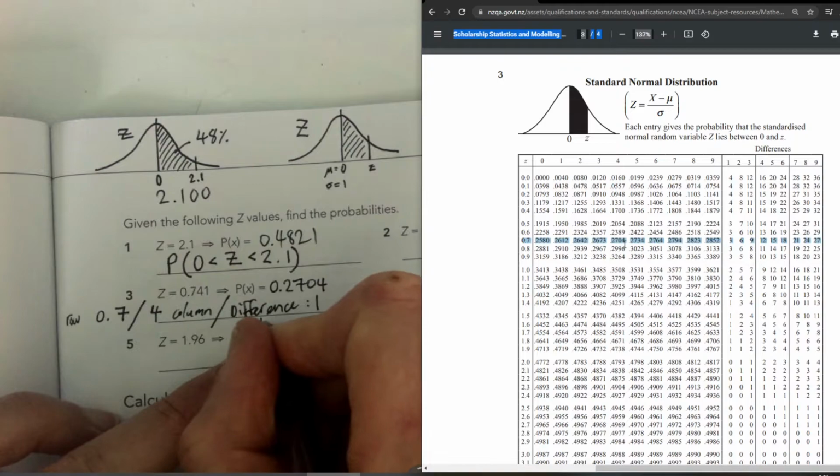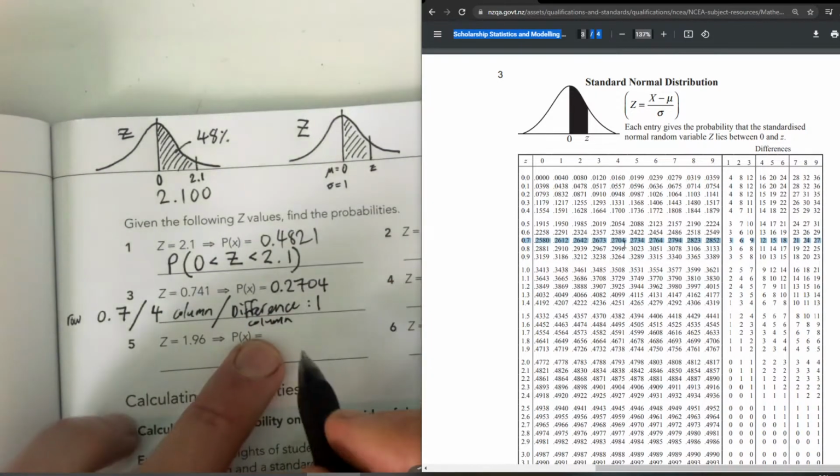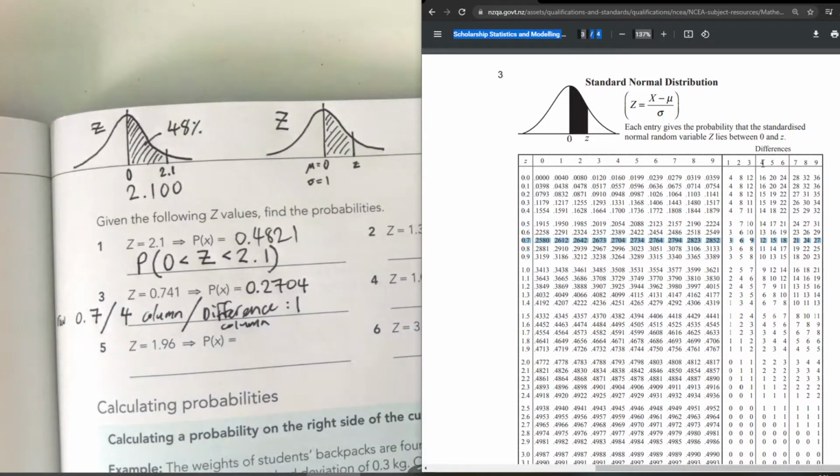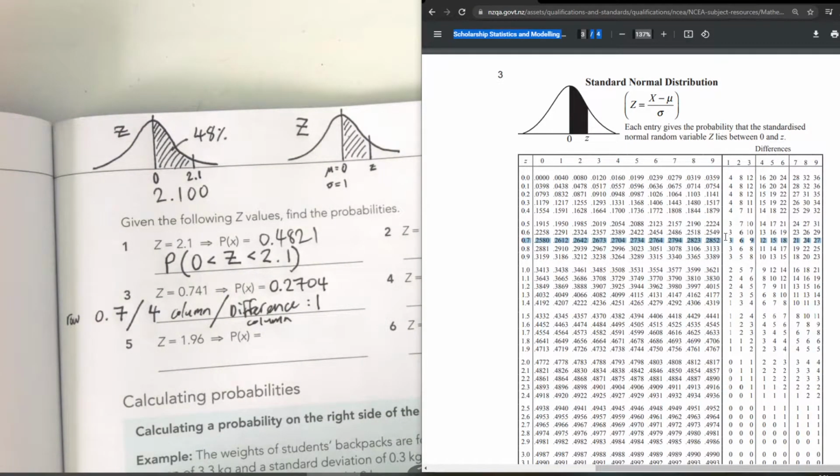So maybe I should write difference column. So difference column, we're going to go to 1. So let's have a look at 0.7 in the differences column of 1. So these numbers here are for any third decimal point, right? And the difference we need to add on is 3.